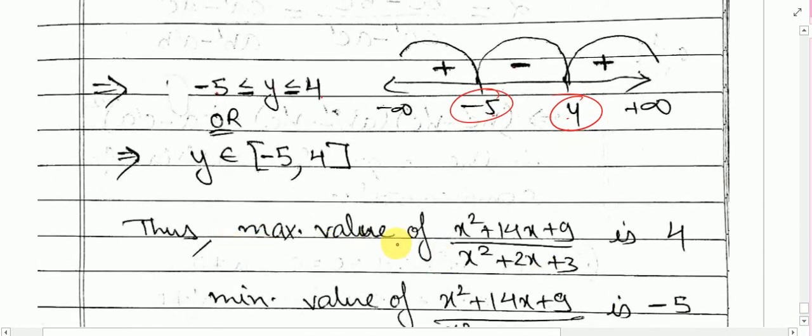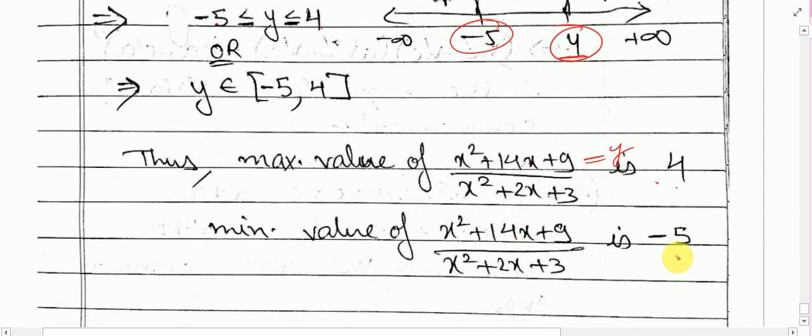And thus the maximum value for this will be 4, because this we had considered to be y. And here what do we see? That the maximum value for y is 4. That's why the maximum value for this will be 4 and the minimum value for this one is minus 5. And this is done. So this was the last question from this chapter, and with this the chapter gets over.